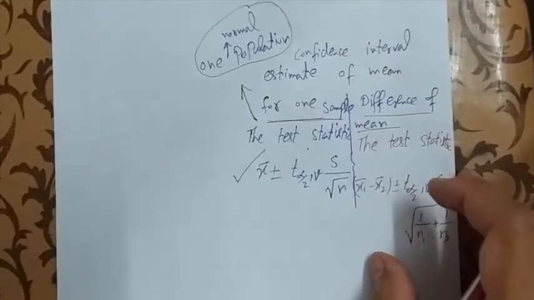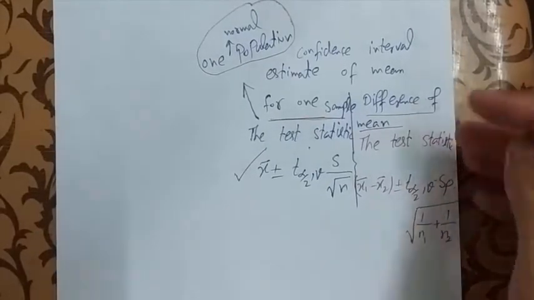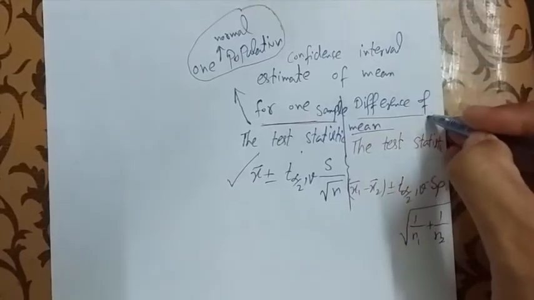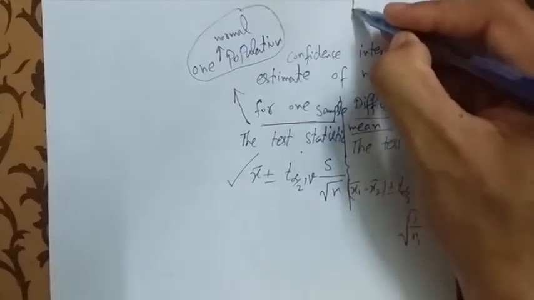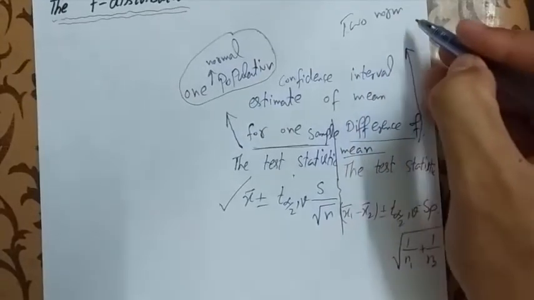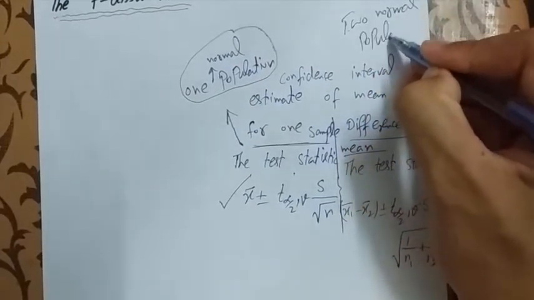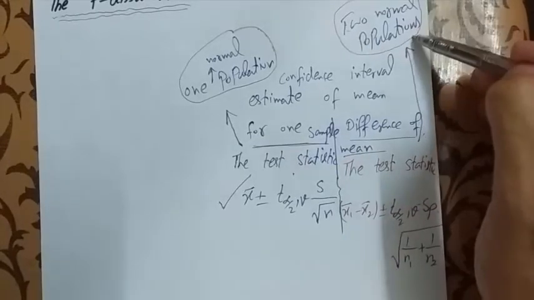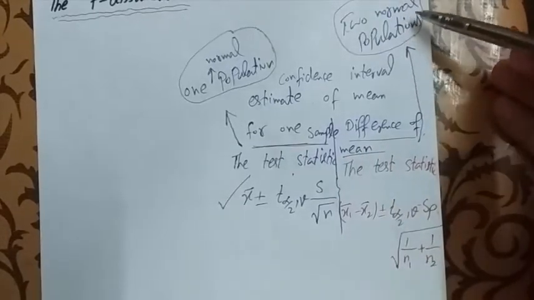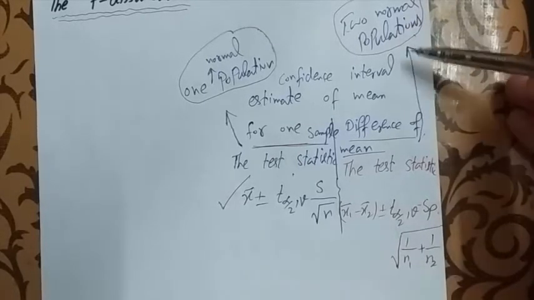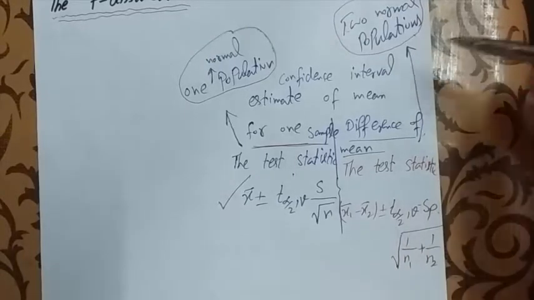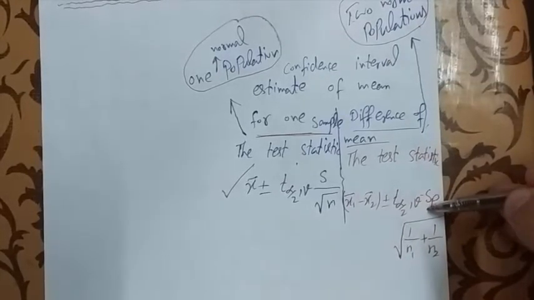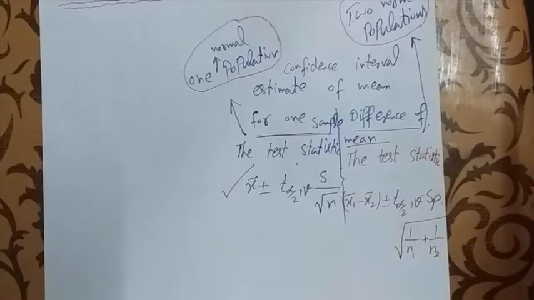And when we solve how we obtained this test statistics, we have two normal populations, and from these two normal populations we find two samples, one from each, and after that we obtain the test statistics, which is this. All these things we proved in the previous lecture.